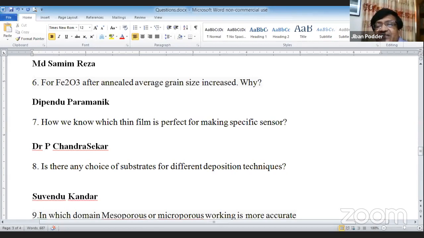The bond length increases. That may be the cause of the increase in average grain size: the extension of the bond length with the change of temperature, the annealing effect. How do you know which thin film is perfect for specific sensors?